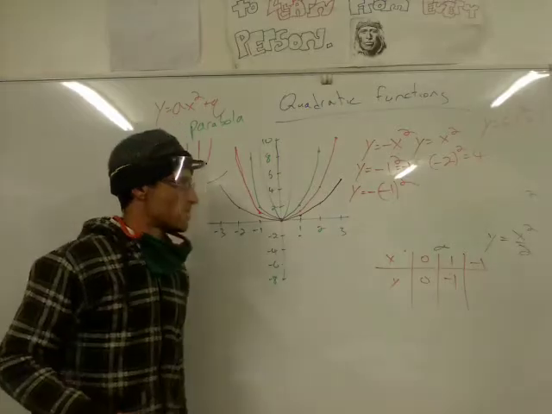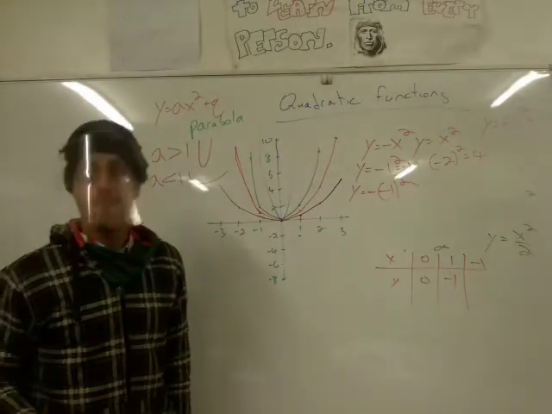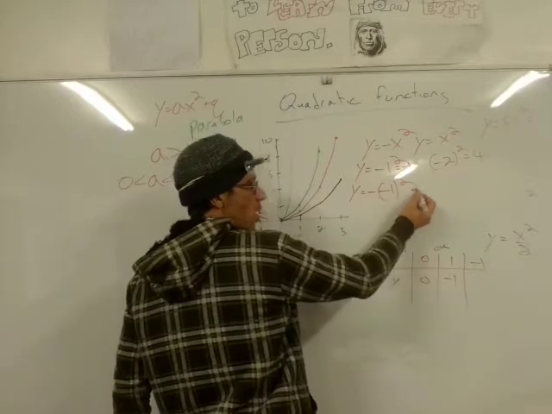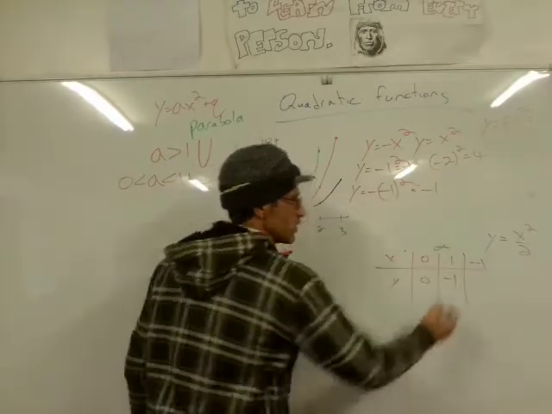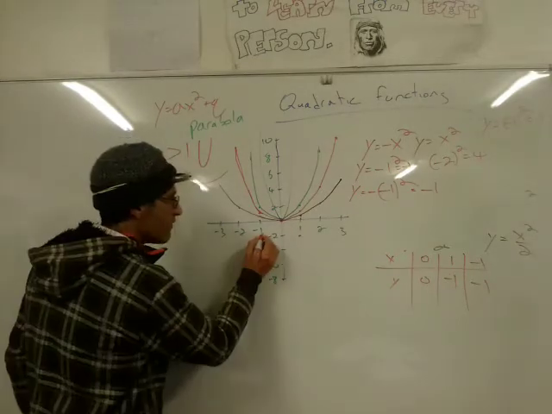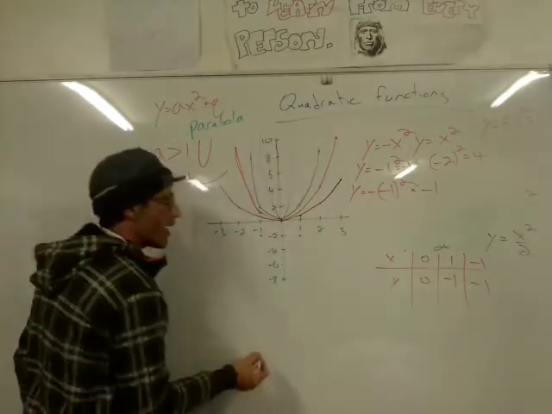What will be the answer for that one? It will be minus 1, right? Because minus 1 squared is 1. So the answer is still minus 1. It's not positive 1. So we still have a symmetry along the y-axis.